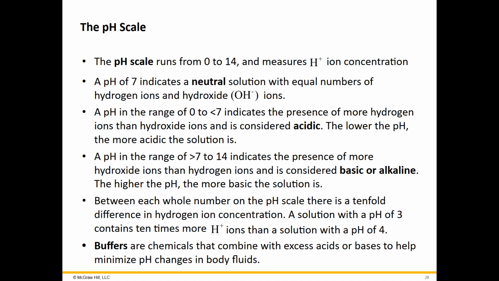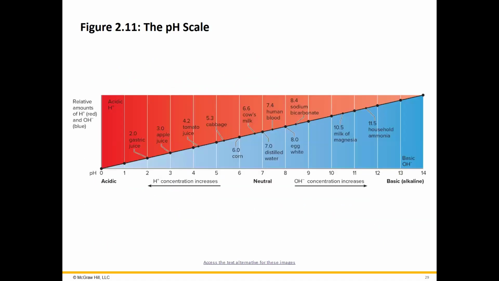Again, I'm not going to ask you what those chemicals are. I'm not going to ask you how they work. Just know that a buffer is a chemical that stops the acid from being too acidic and stops a base from being too alkaline. It makes an acid more basic and a base more acidic, okay? And it is a homeostatic mechanism to bring ourselves to homeostasis.